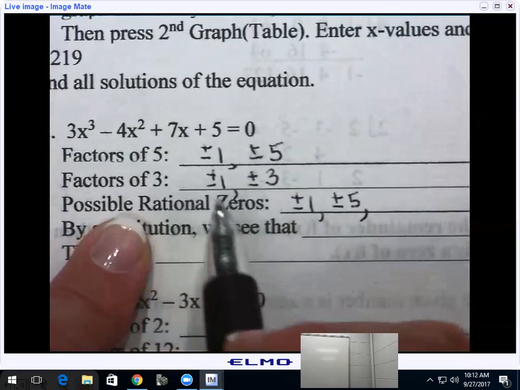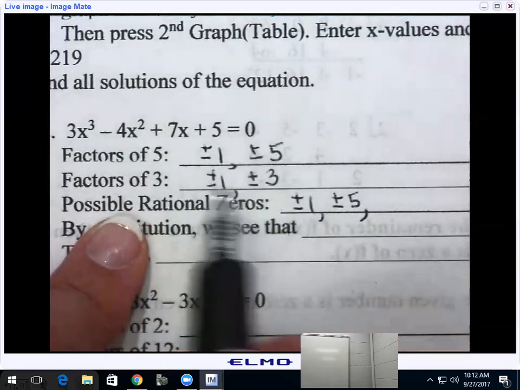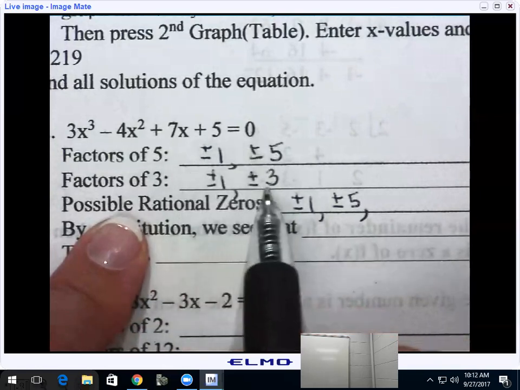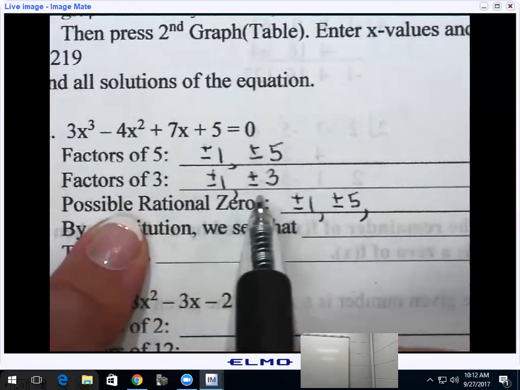Possible rational zeros are all combinations of these over these: 1 over 1, 5 over 1, and then 1 over 3 and 5 over 3.